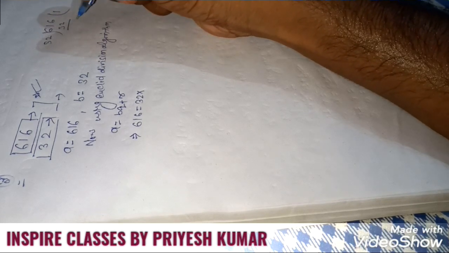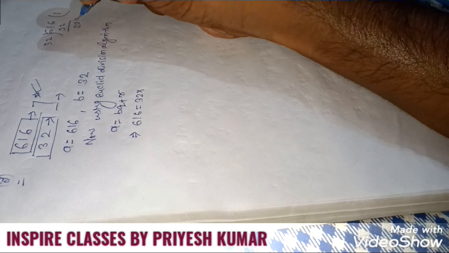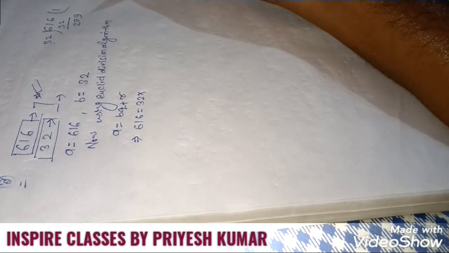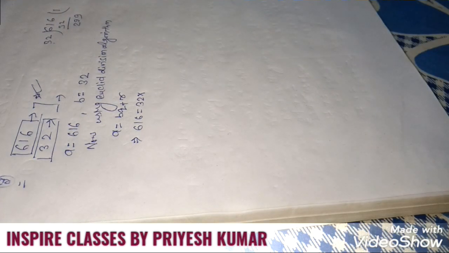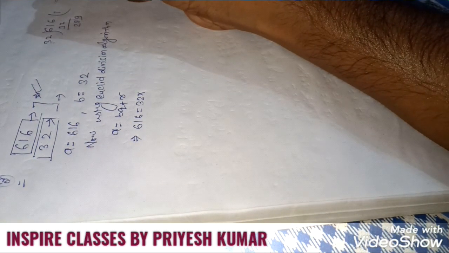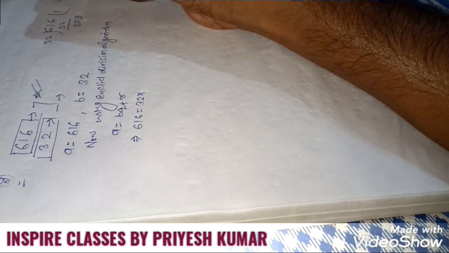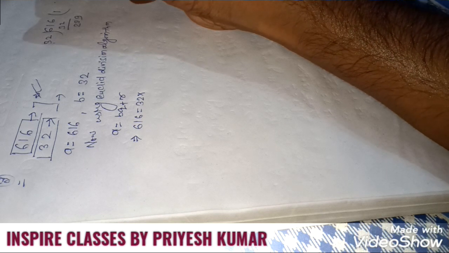Here the remainder will be 29, and you have to read the table of 32 such that that will be less than 299. 7 8 9.